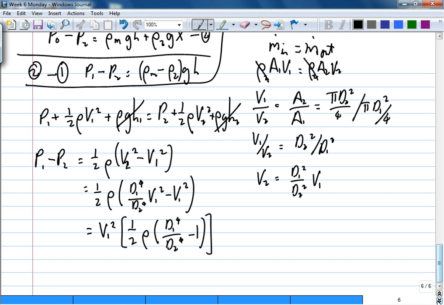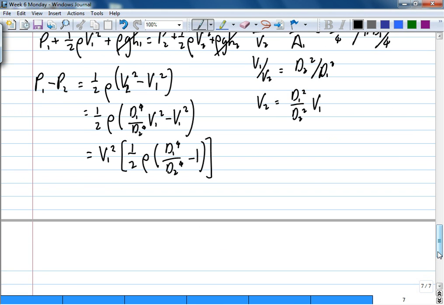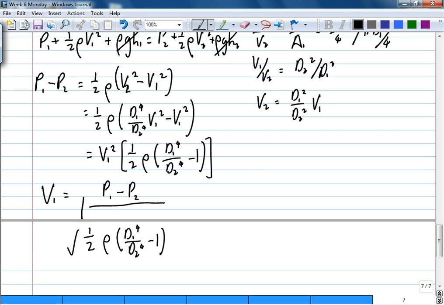So V1 is equal to P1 minus P2 over half rho D1 to the 4 over D2 to the 4 minus 1, and the whole thing square root. Okay or not?